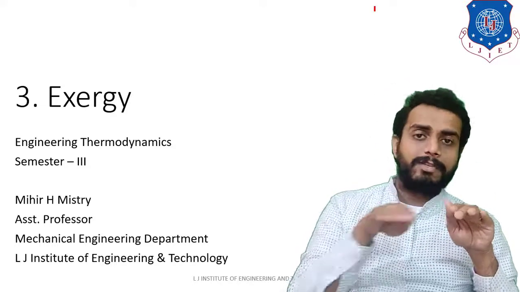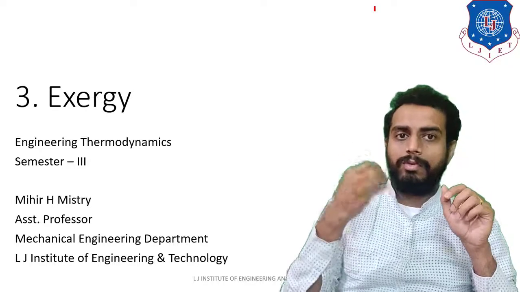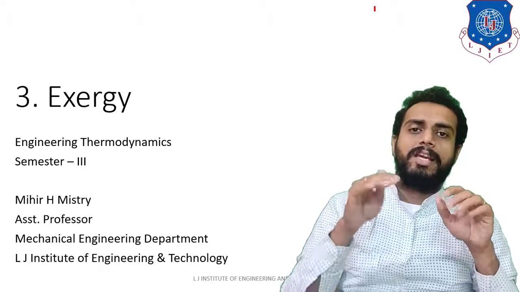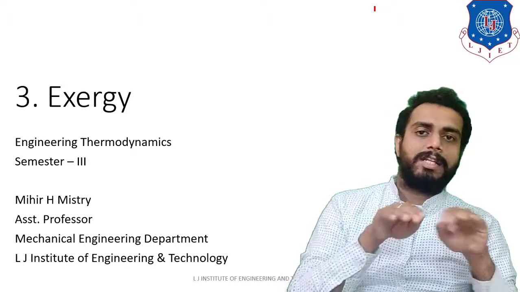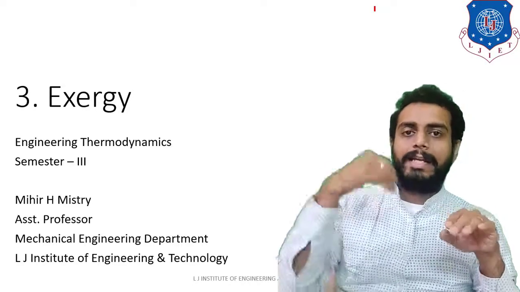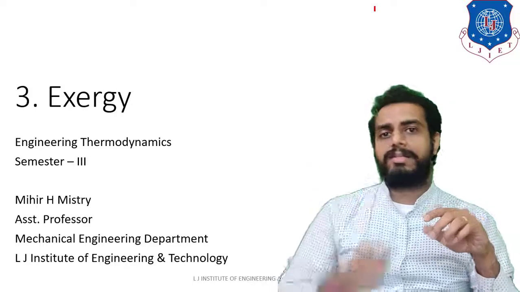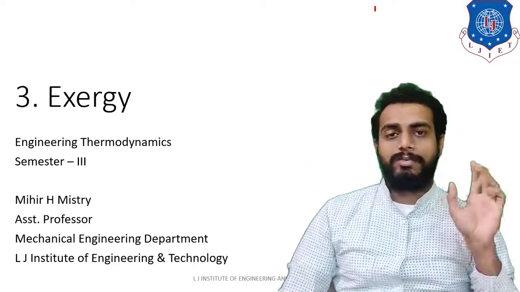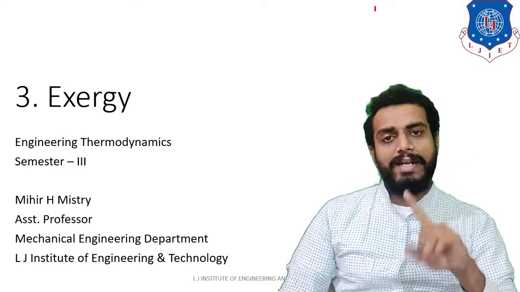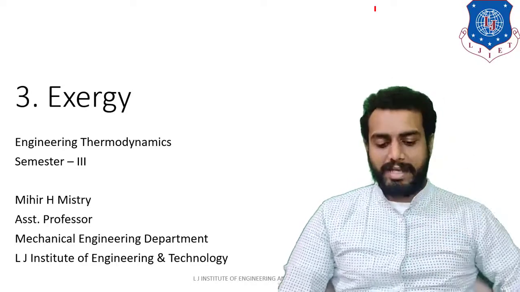The idea is, if you disturb the system from thermodynamic equilibrium, the dead state, then it will give you a chance of exergy. I hope you are aware up to this point.